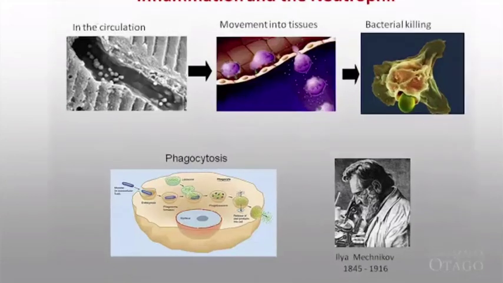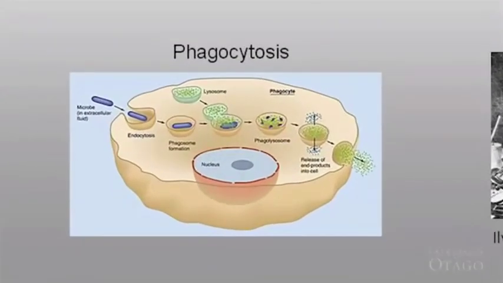If we look at a cartoon diagram of that, this is a slice through a neutrophil. The bacterium gets taken up, and when it's inside, it's enclosed in a particle, so it's completely removed from the outside of the cell and the inside of the neutrophil.